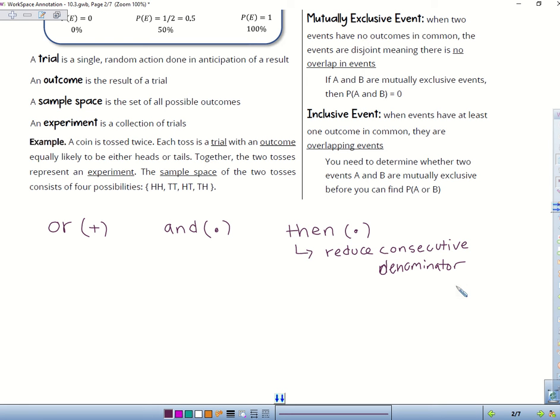A mutually inclusive event is where an event has a shared outcome, an overlapping outcome. That could be like the chance of picking a king or a spade, because there is a king of spades. So there is an overlap between those 2 events happening. Okay, so we're going to do examples of both those scenarios as well. Inclusive events have their own rules, so we'll talk about that.